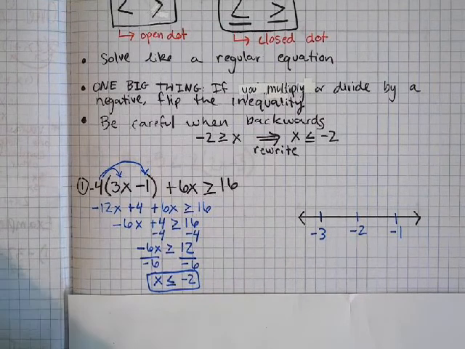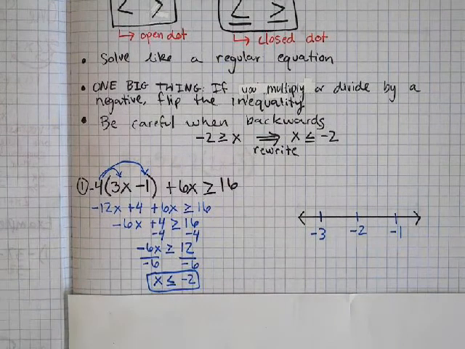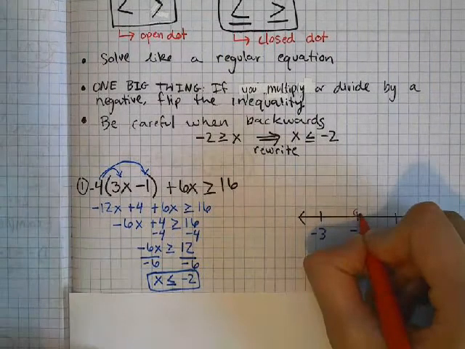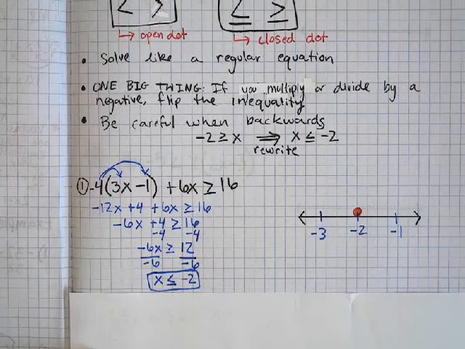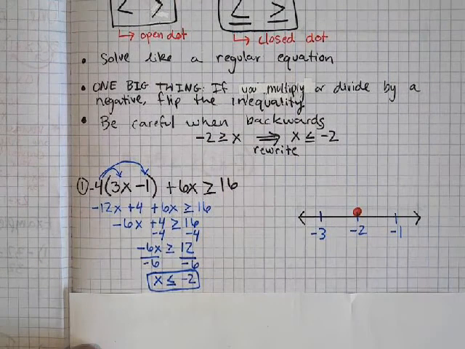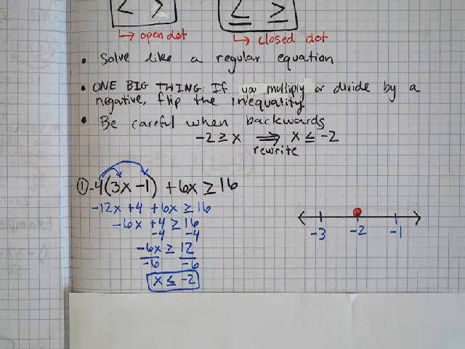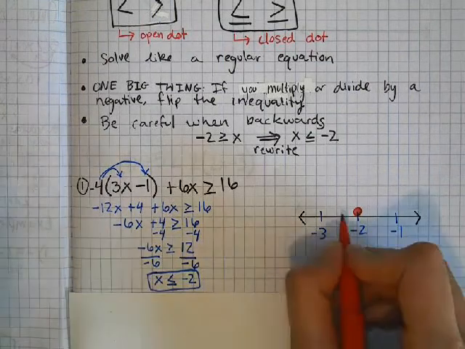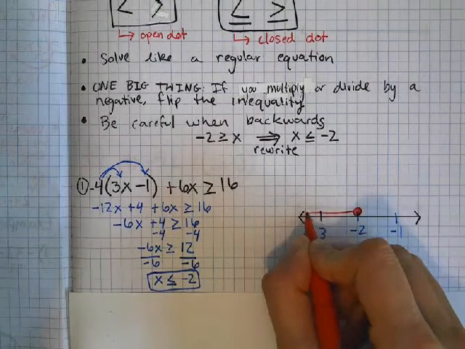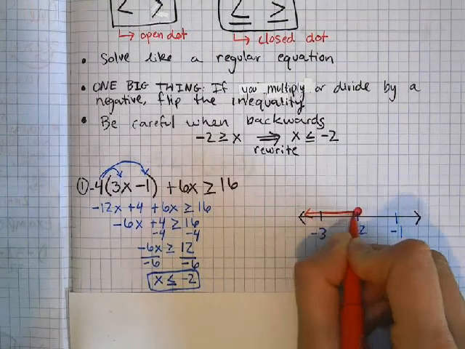So it's a closed dot. When we draw that, it's because it's including -2 as part of my solution. It's not everything up to it, it's everything including -2. And it says x is less than, so I want all the numbers less than. So I'm going to draw my arrow this direction.